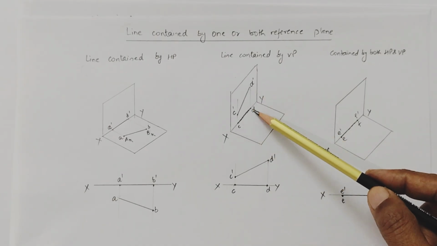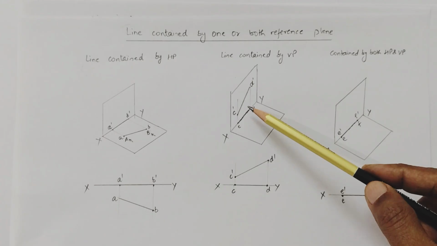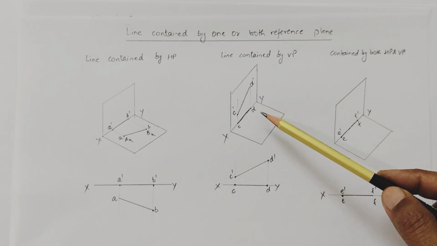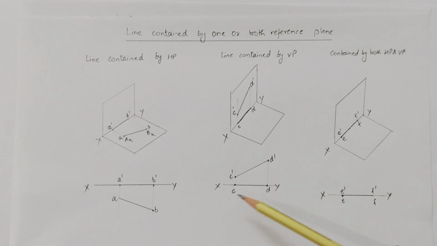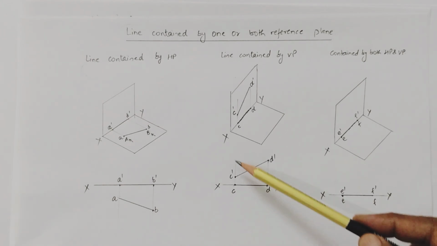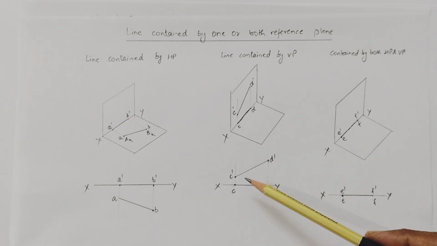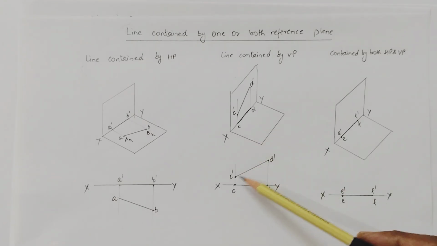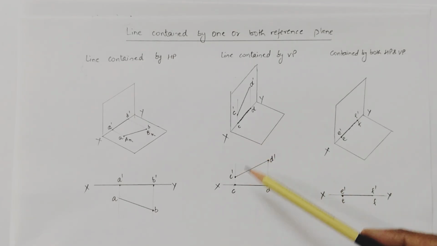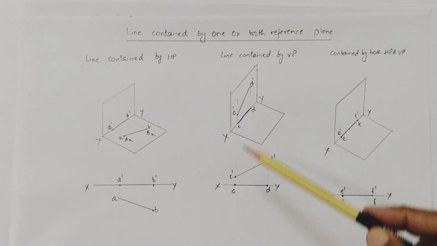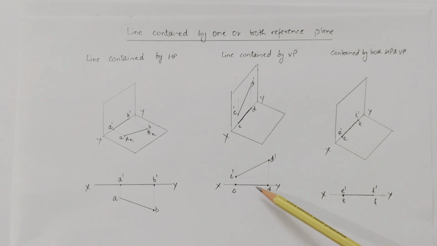Similarly for point D here, so join these two points and we get the projection of the line. Now we can show this in this representation here, that XY is the axis, with projector lines for C and D. We just represent this length over here as this is the case for a vertical plane, and in the case of the top view, it will lie on the reference line here, cd.